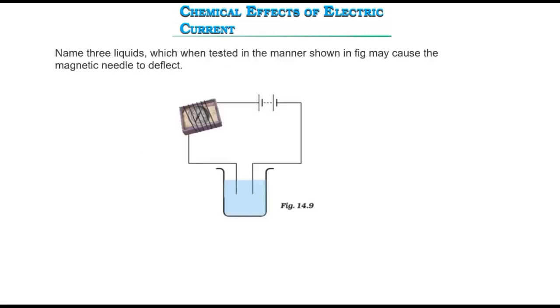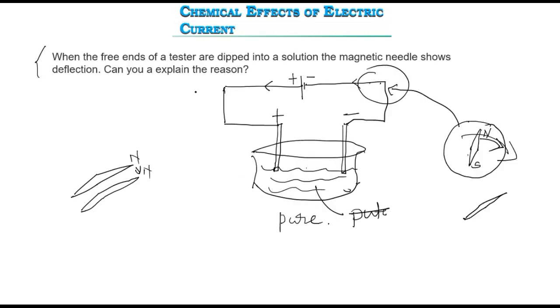Well, this question is very simple. Name 3 liquids which, when tested in the manner shown in the figure, may cause the magnetic needle to deflect. Please recall the previous question: the magnetic needle will deflect only when the circuit is complete, right? And the circuit is complete only when this is not pure water.